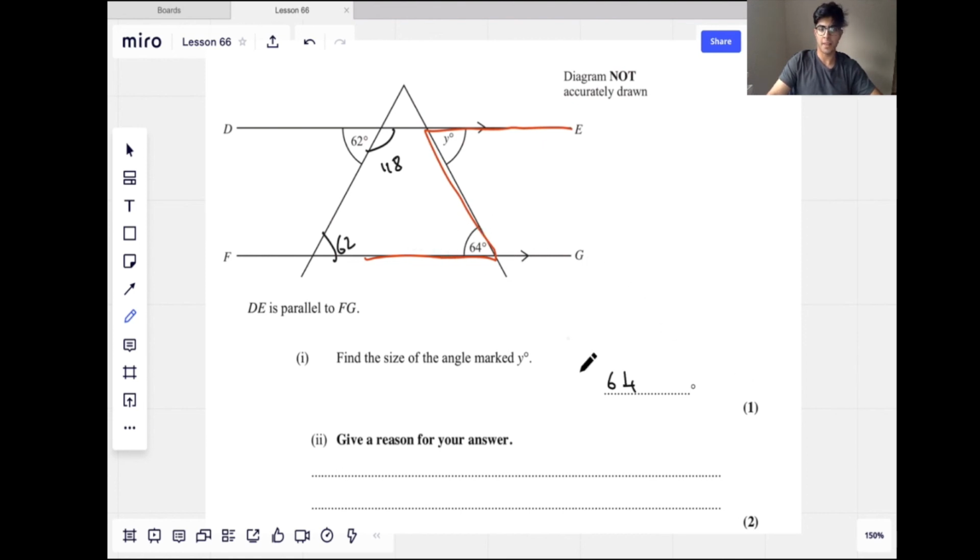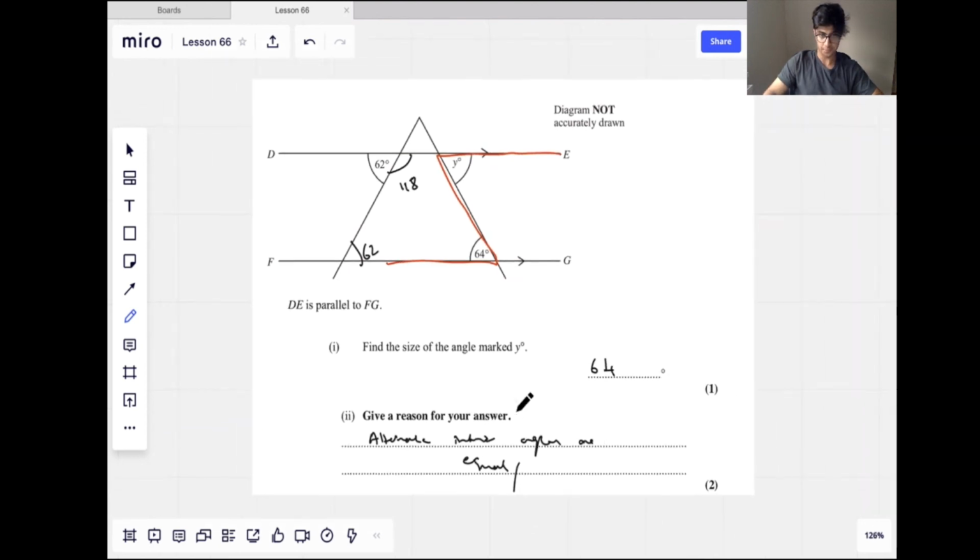There are only 2 marks here, including giving a reason for your answer, so you can guess it's not going to be too complicated. So you can just say y equals 64 because alternate interior angles are equal. And there you go, that's all there is to it.